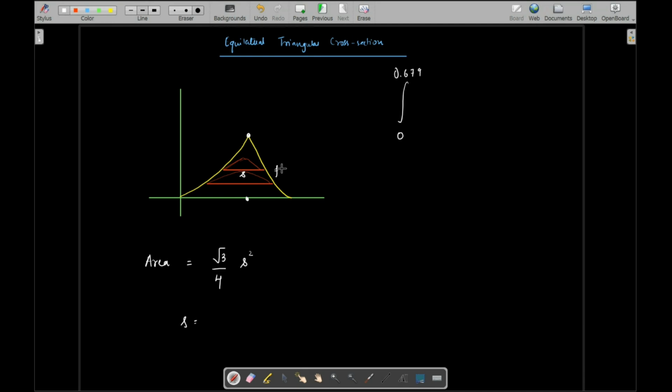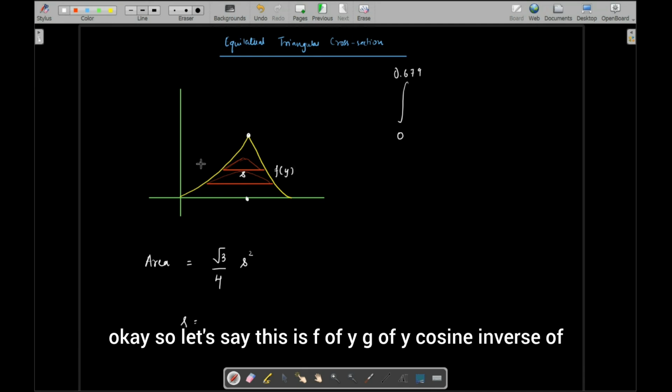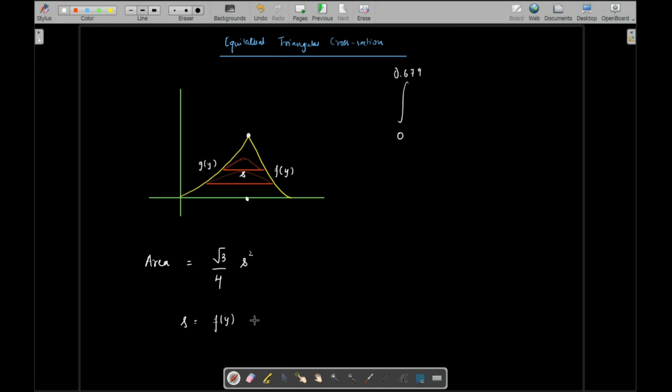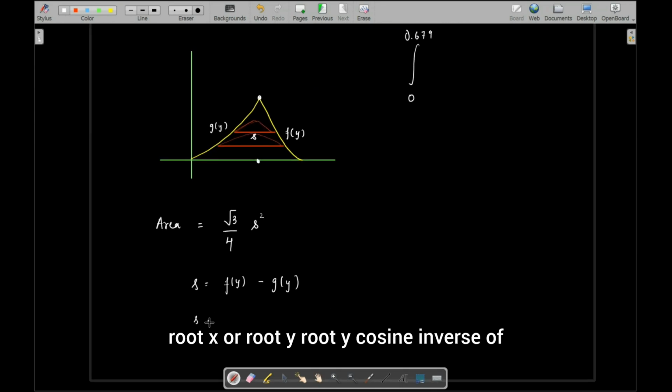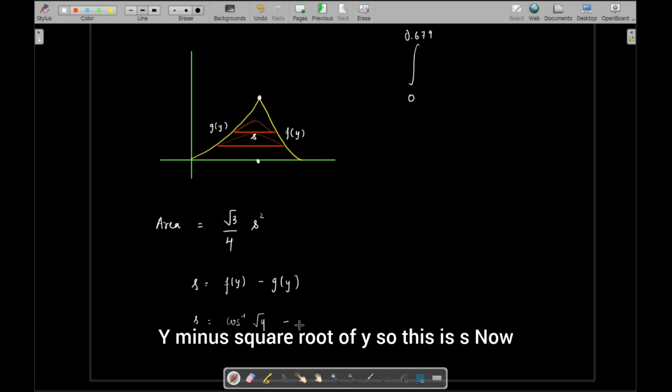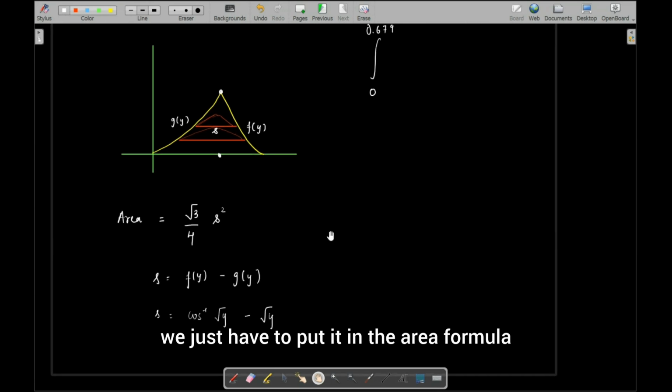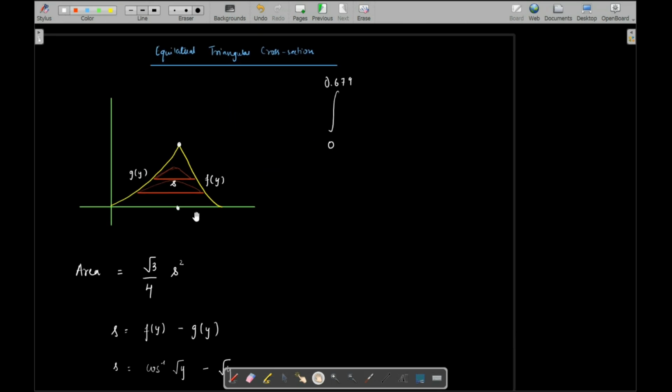So s is cosine inverse of y minus square root of y. So this is s. Now we just have to put it in the area formula.